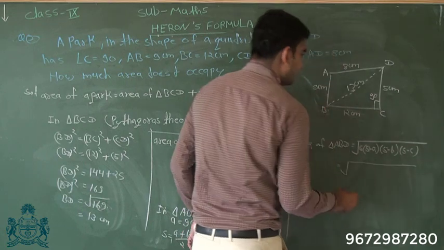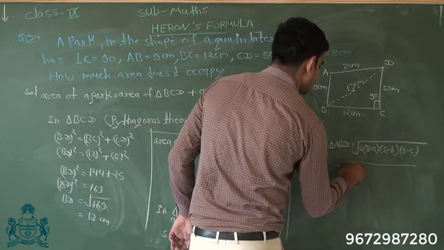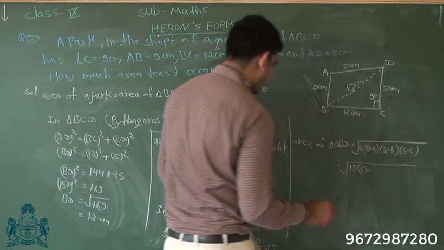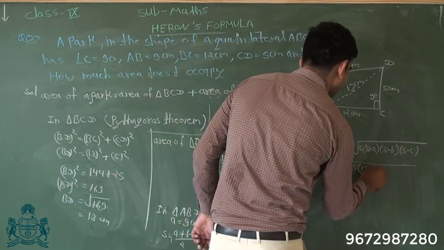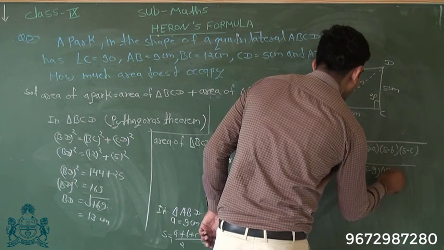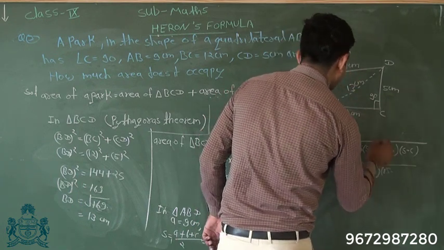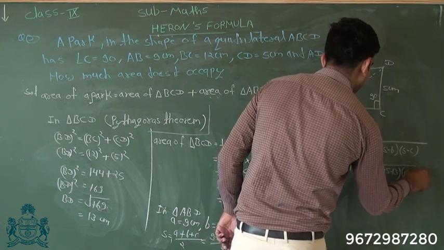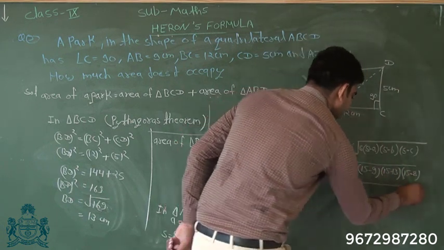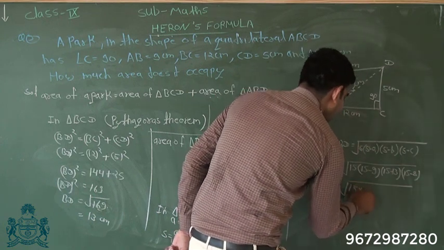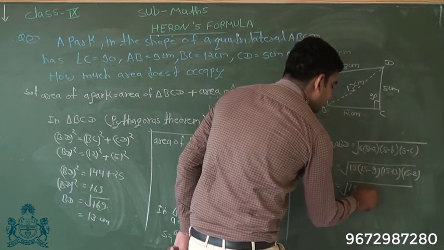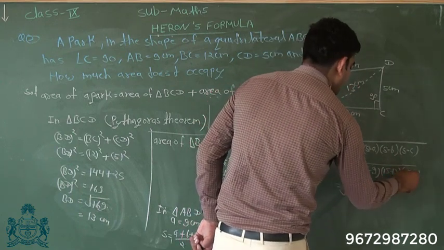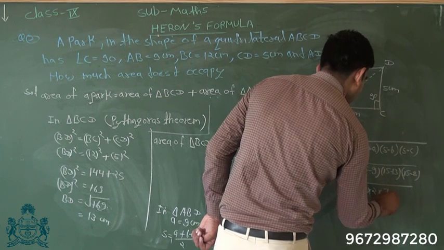That is the square root of 15 into 15 minus 9, 6, into 15 minus 13, 2, into 15 minus 8, 7.